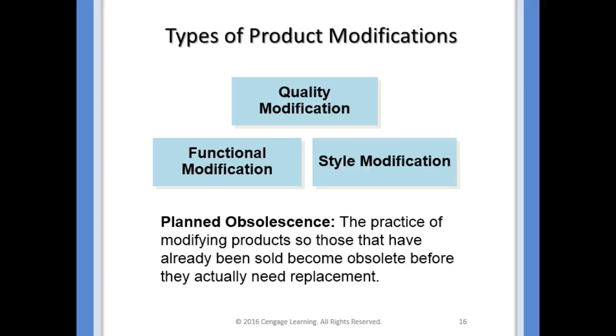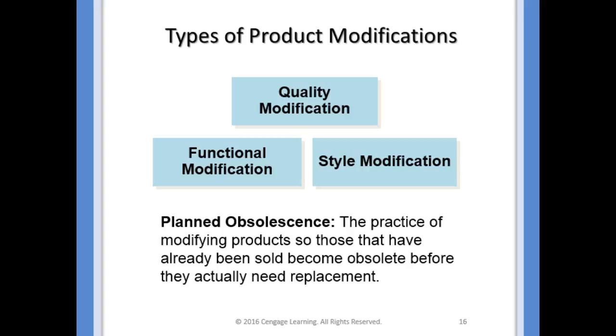Planned obsolescence is, as you can see here, the practice of modifying products so those that have already been sold become obsolete before they actually need replacement. Obsolete just means no longer needed or wanted, kind of taken off the market a little bit. Quality modification is just changing a product's durability, really.